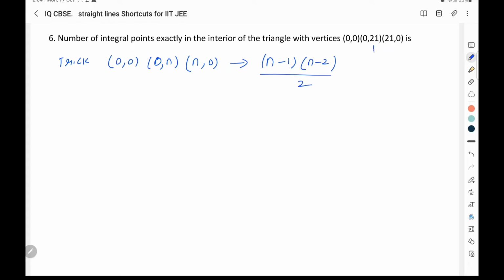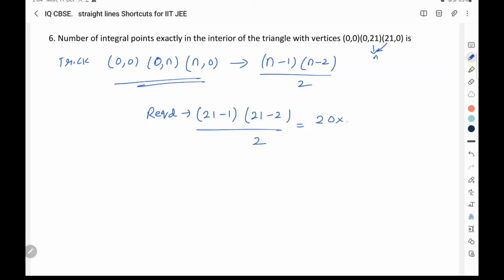Here our n is 21, which we can directly see from this. So the required points is (n-1)(n-2)/2, which is 20 into 19 by 2, that is 190.